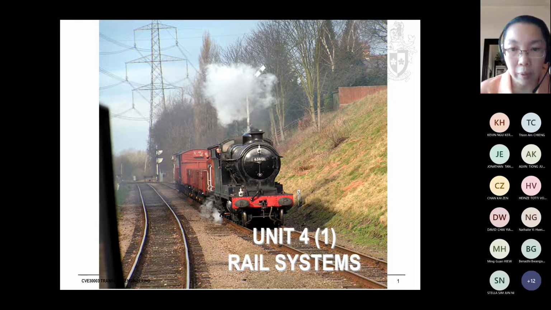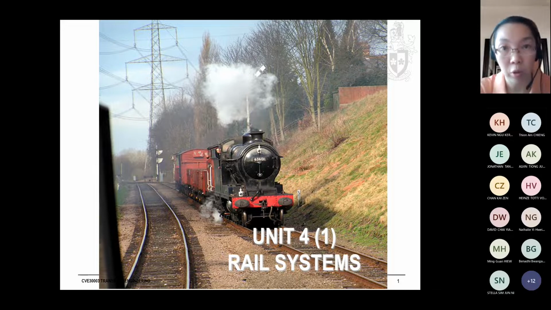So today we'll look at a rail system in general, and discuss a little bit the different types of rail systems available. Today's topic is mainly to introduce the different elements of a rail system and the different types we have.